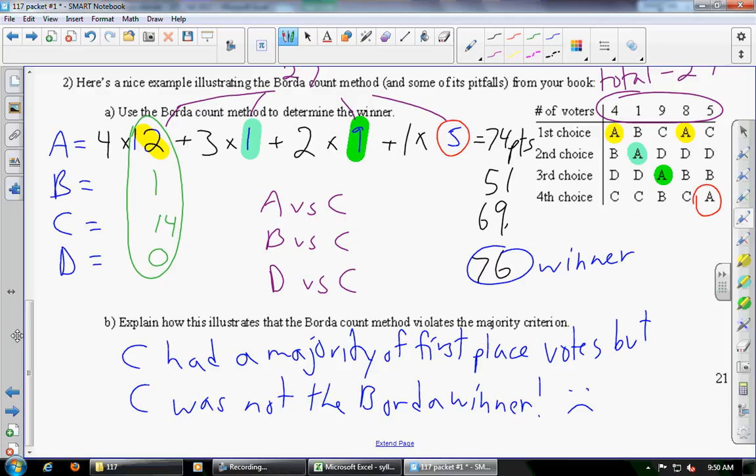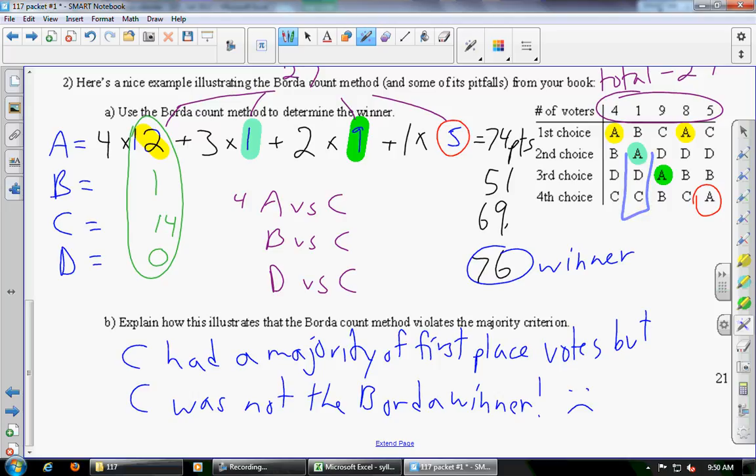But A versus C. Let's look at this first column. Between A and C, who do these people really like? That's A, right? A on top. So A just got 4 points. In this column right here, who do they prefer, A or C? Those people prefer A. Their top choice is B, but that's not what we're asking. Between A and C, who do they think was better? Well, they thought A was better because A was above.